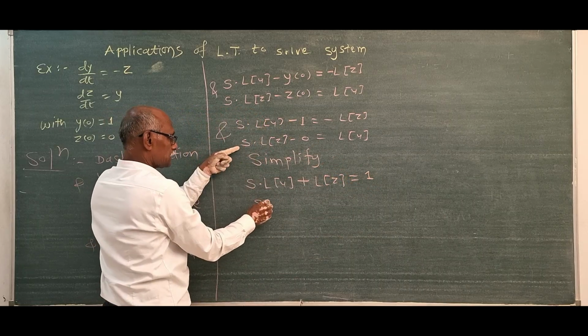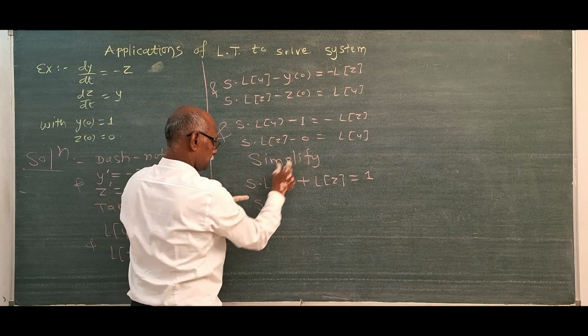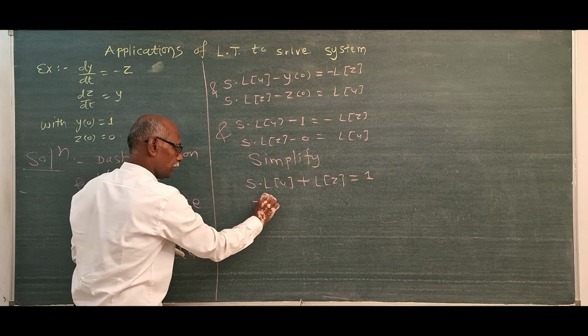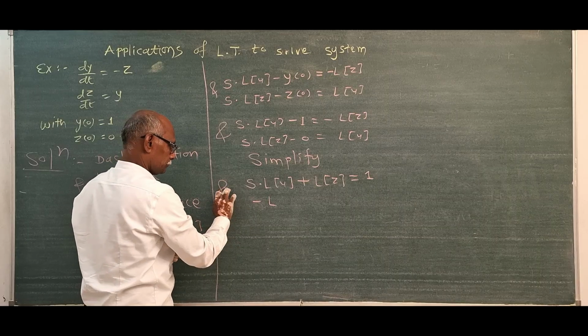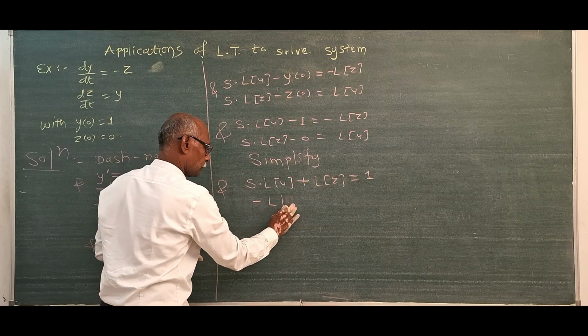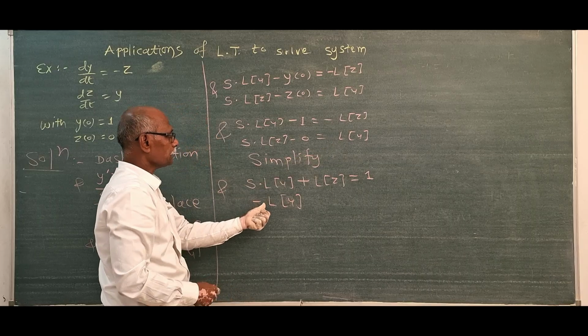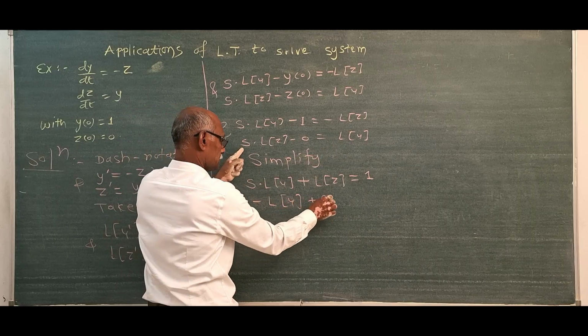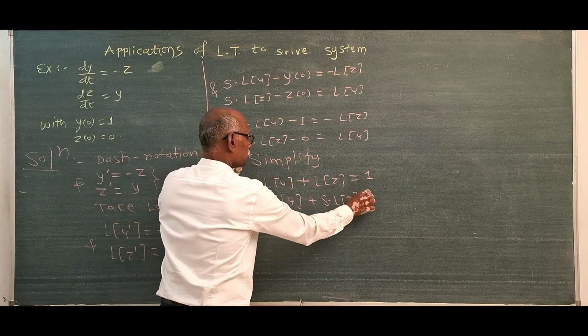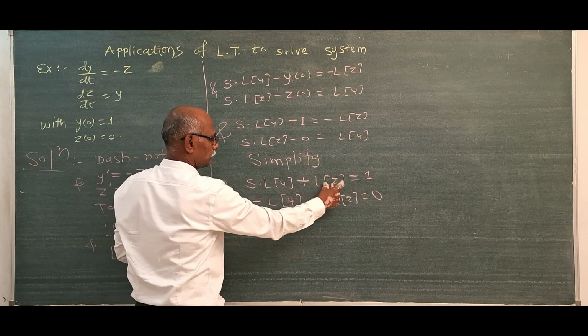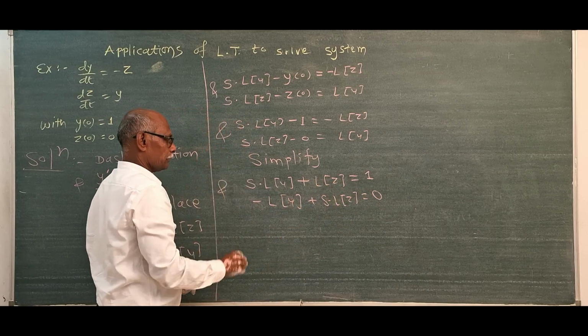Similarly, s into L of z, but the L of y we take on the left, so it comes minus L of y. This term becomes negative and this is already positive, so s into L of z. The same method of writing, below this, same terms. Okay, we have written.